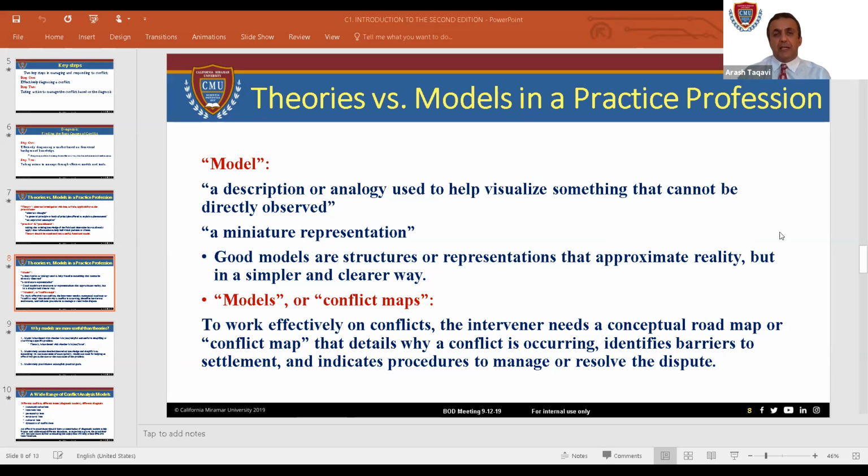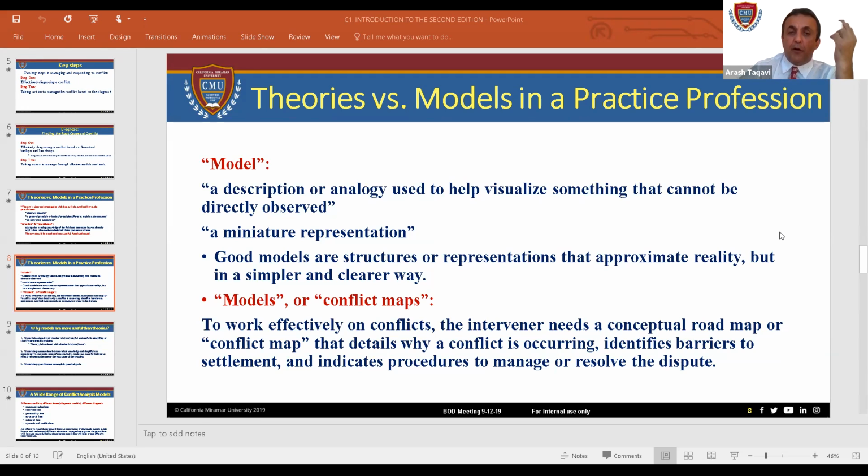To work effectively on conflict, the intervener needs a conceptual roadmap or conflict map that details why a conflict is occurring, identifying barriers to settlement, and indicates procedures to manage or resolve the dispute.